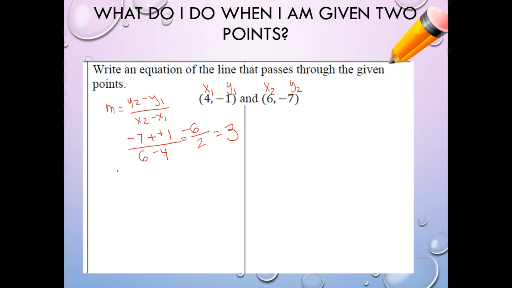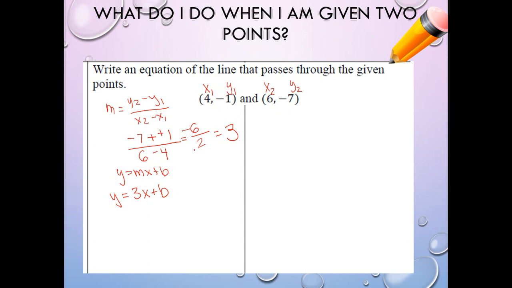So now what I'm going to do is plug it into y equals mx plus b. Take my slope, plug it in for m. There we go. Now, I can pick either one of those points. I could pick this guy, or I could pick that way. I like to pick the smaller numbers, not as hard of math, if you know what I mean. So I want to pick this one.